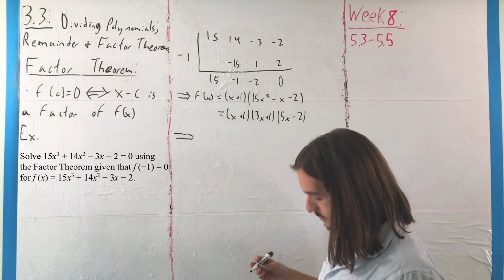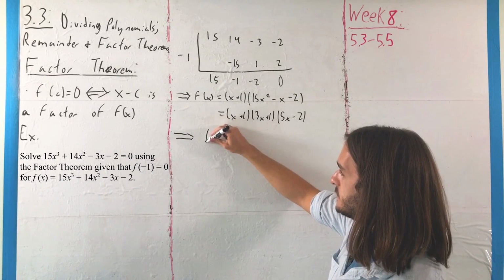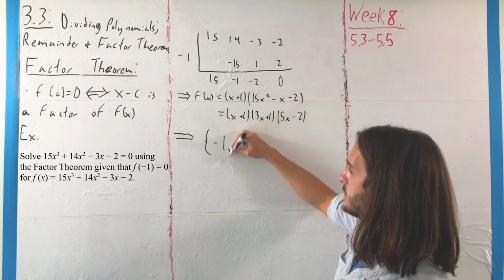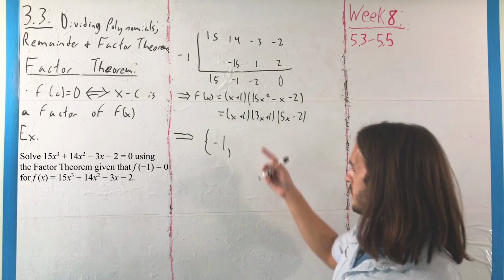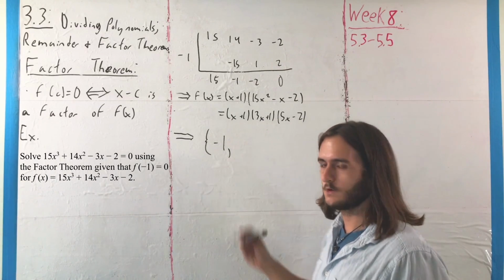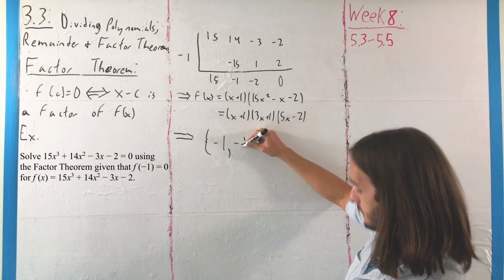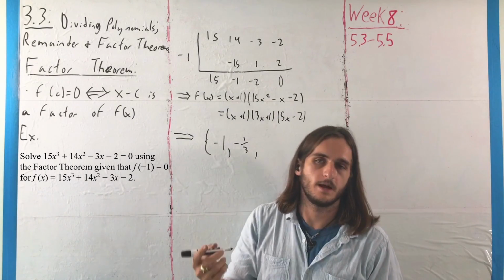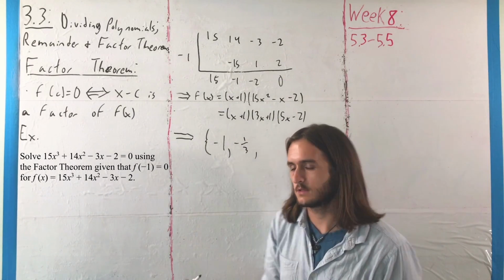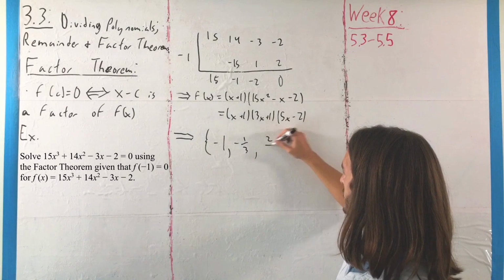By the zero product principle, that will be the set of values x equals negative 1, which we should have been able to get from the start because it told us, along with the things that happen for this to be 0, which is x is equal to negative 1/3, and the things that this needs to happen to x in order for it to be 0, which would just happen when x is equal to 2/5.